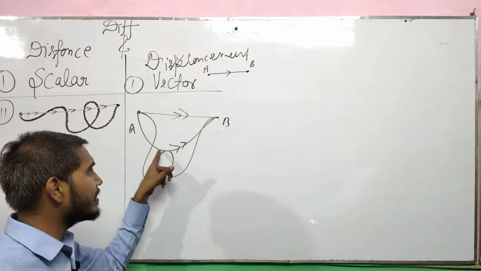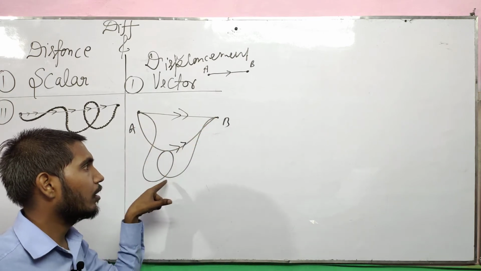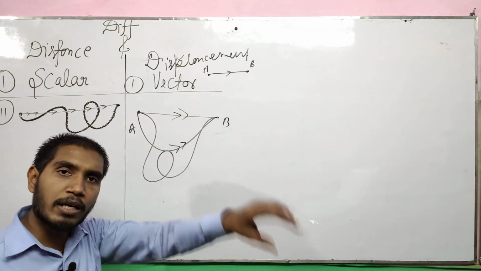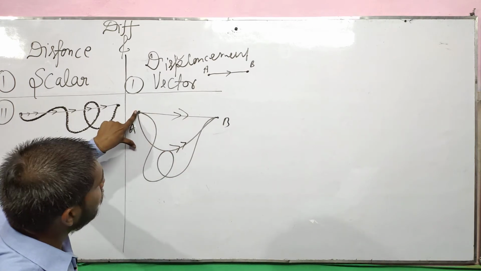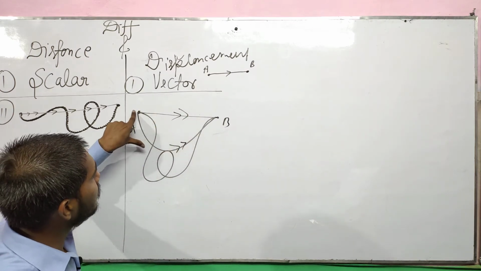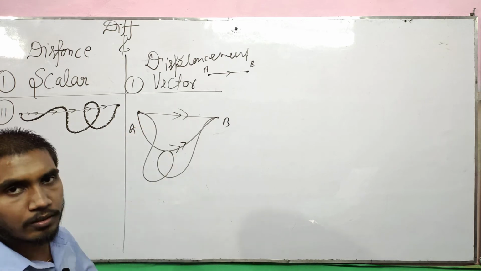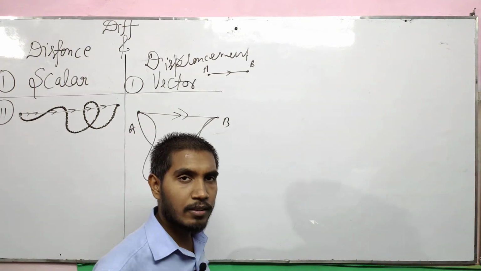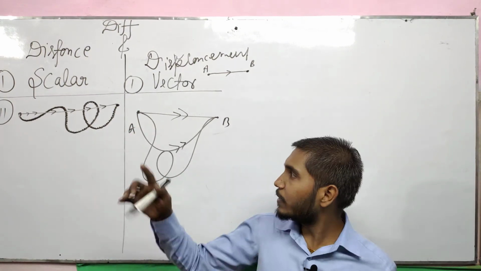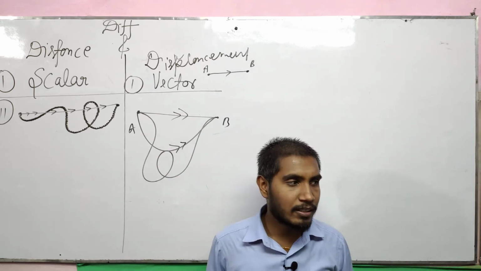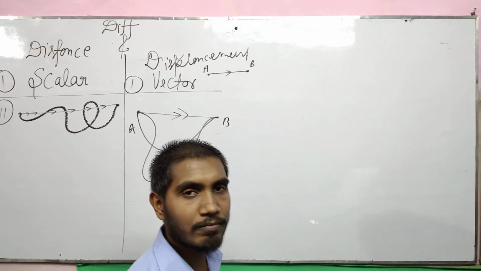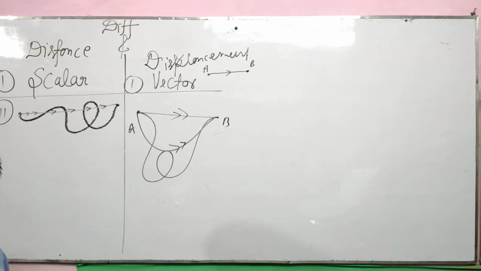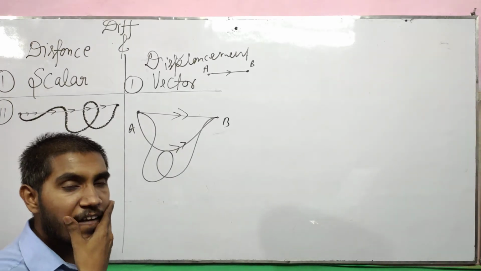You can take any shape to travel, but displacement is always the shortest distance from initial to final. It does not depend on the length of the path. Understood?